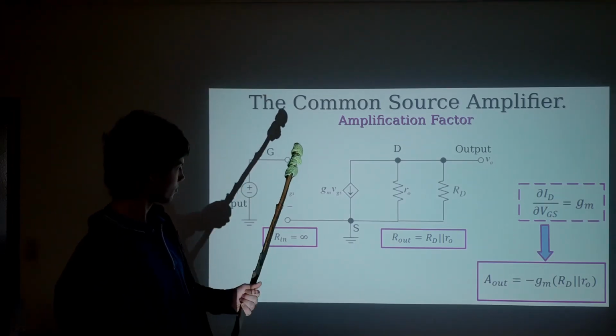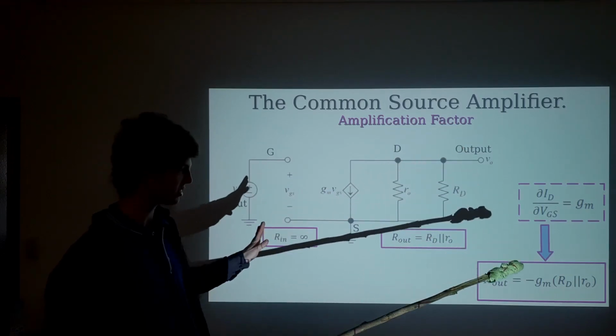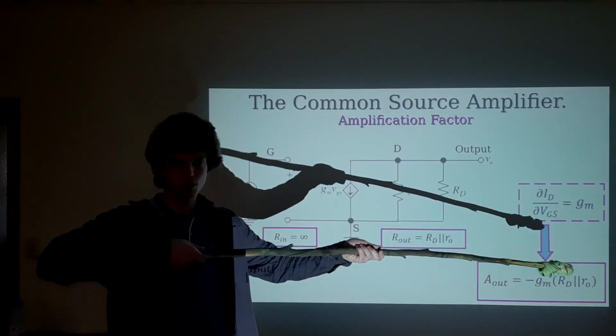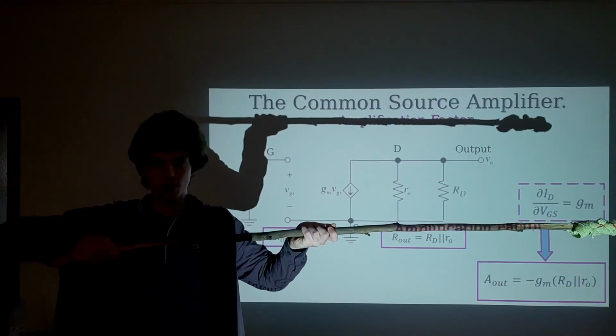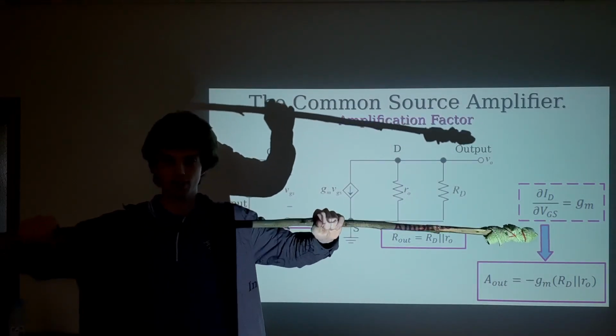So, now let's have a look at the amplification factor from here. The amplification factor is, for a small signal, the ratio between the output amplitude, which is how much my rope waves, the output amplitude of the waviness, versus the input amplitude, which is going to be a smaller waviness of the rope.